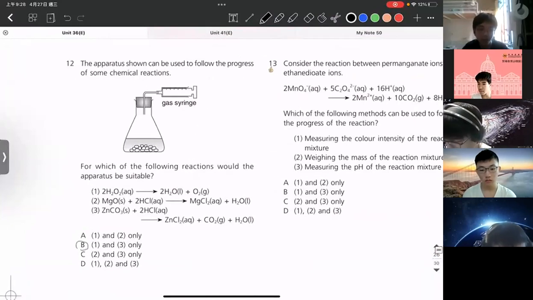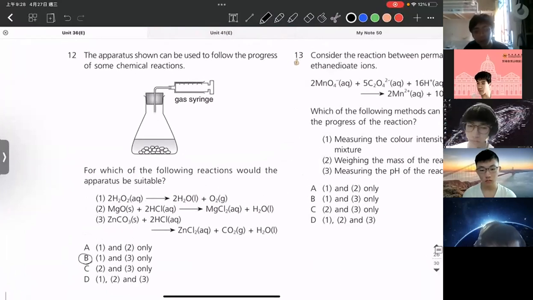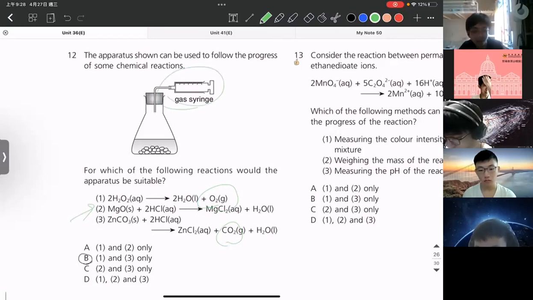I just answered you the question, but you just passed the question back to me. The answer is B. Why? Because only 1 and 3 have gas produced. Yes, 1 and 3 have gas produced, but not 2. But you are going to measure the change in the volume of gas formed, so this would agree. We use a gas syringe, it will help.